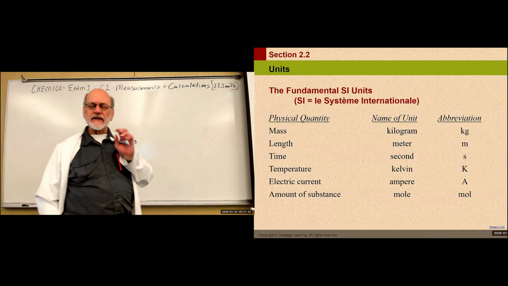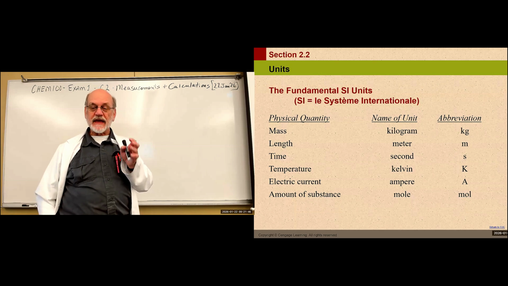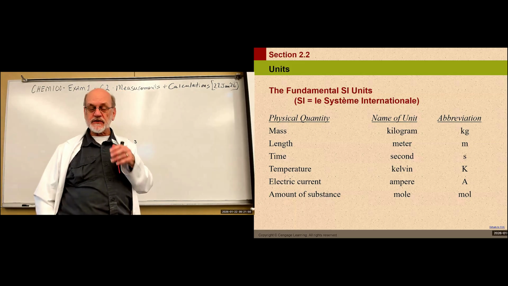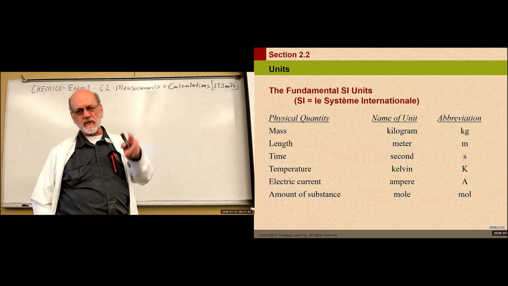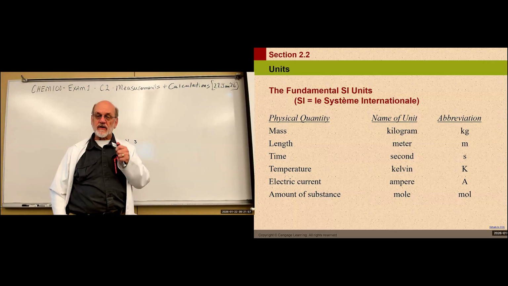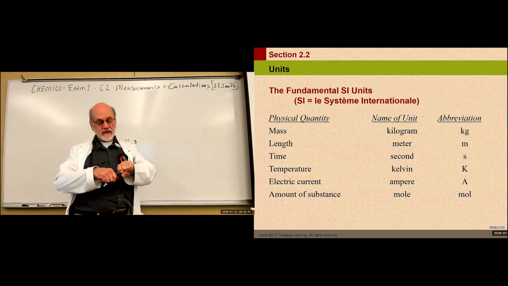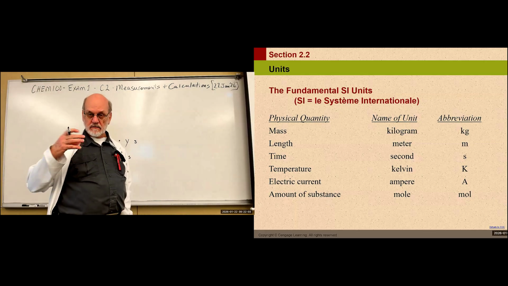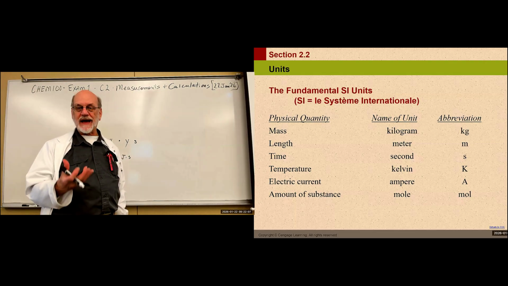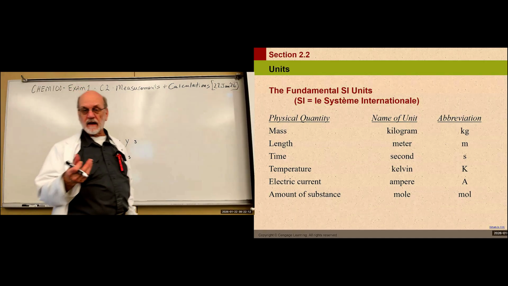So these fundamental units are agreed upon standards by the international community. And SI stands for International System, only the letters are backwards because this is French. The kilogram is the standard of mass. And the kilogram is actually a mass of platinum and iridium alloy, which is very resistant to corrosion.